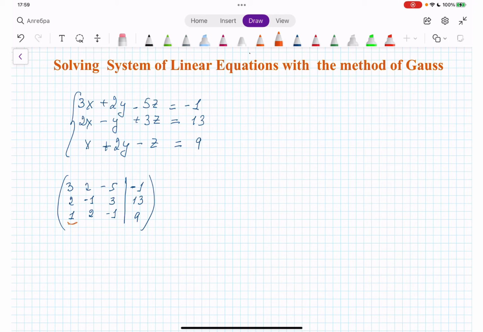This one. So I'm going to switch the third line with the first line. R1, I'm switching with R3. And we are getting 1, 2, -1.